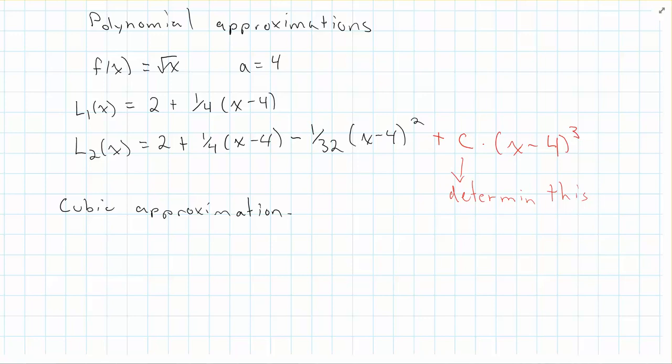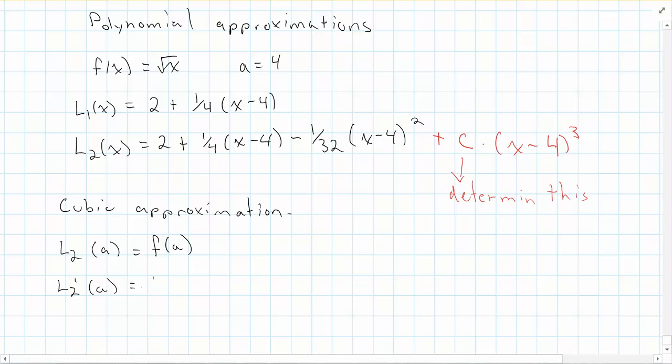And just to remind you, L1 at a does equal f at a, but for L2, remember we had L2 at a equals f at a. Then we also had L2 prime at a equaled f prime at a.